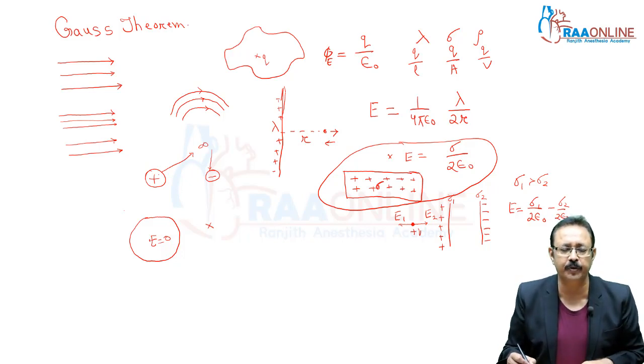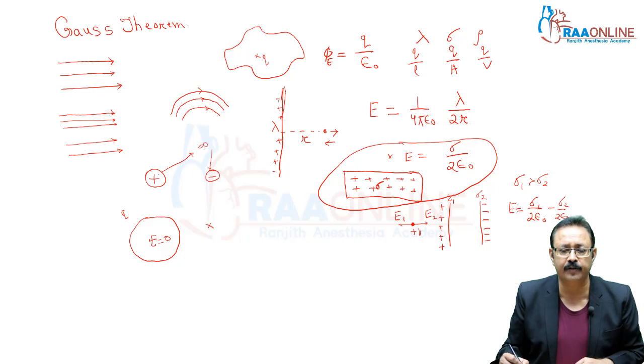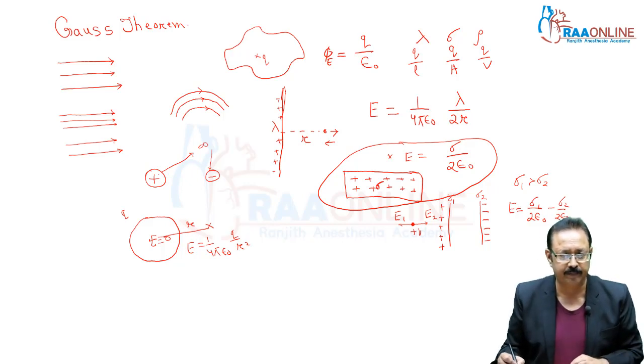Means if you give q charge to a sphere, at r distance from its center, the electric field will be 1 upon 4 pi epsilon naught times q by r square, either on the surface or at a distance from the surface.